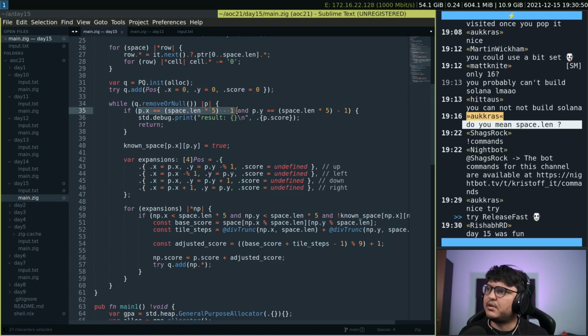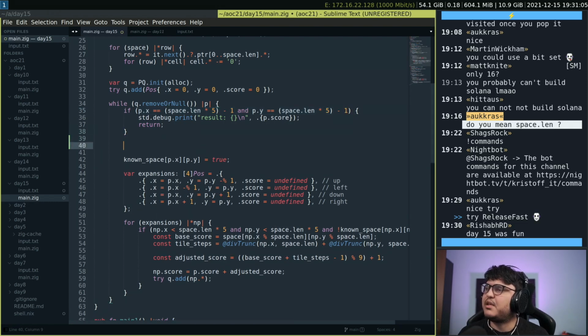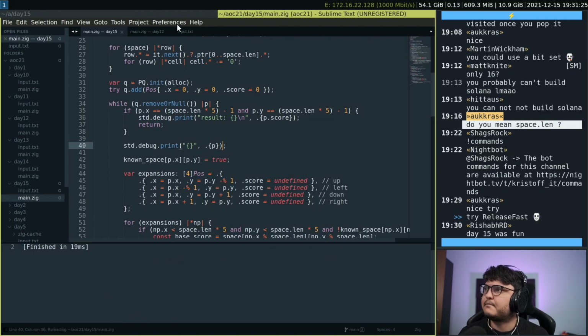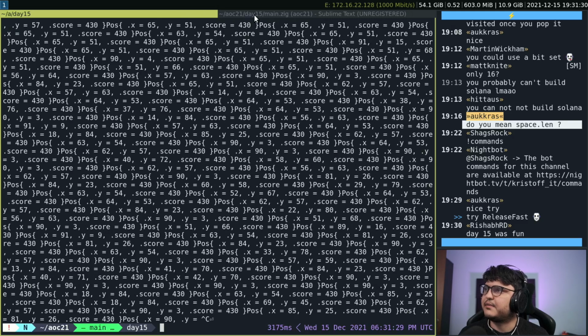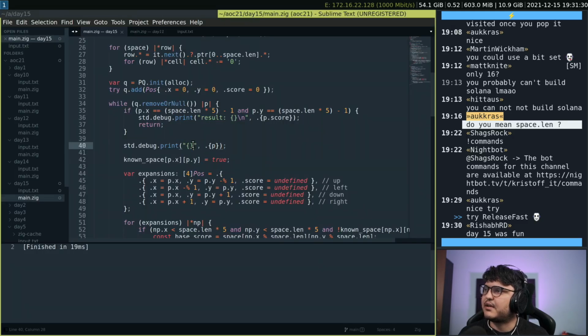Why do we not hit? We are basically not hitting this. Let's log maybe P, the point being considered. That didn't help much actually. Okay, let's do P and then a new line.